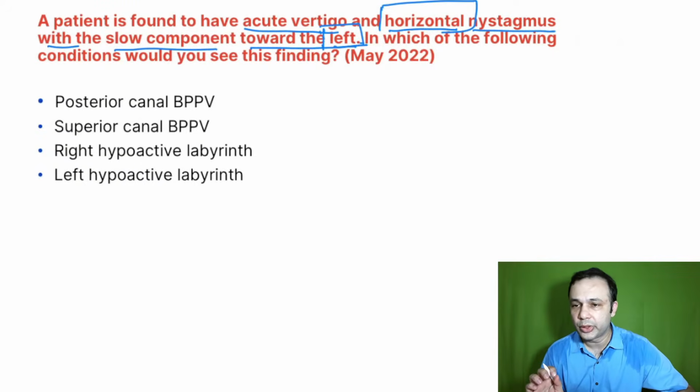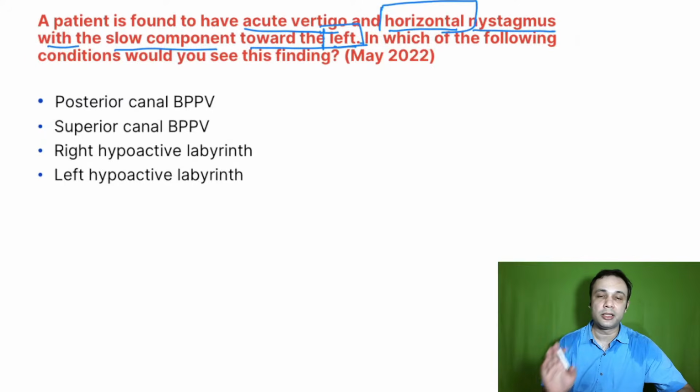I'm just going to tell you a few rules that you need to remember as far as this type of question is concerned. Acute vertigo, type of nystagmus, which side does it go to? Anybody? Right.